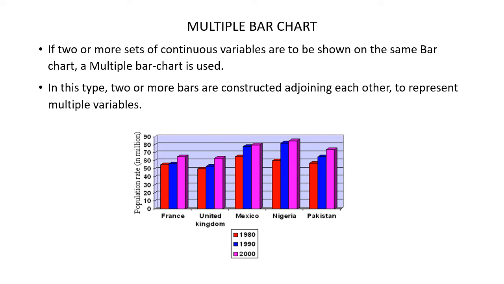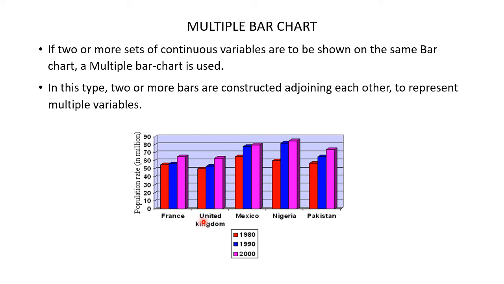Now let's understand how to interpret the data given in a multiple bar chart using this example. Now this multiple bar chart is regarding the population rate in millions in various countries during the year 1980, 1990 and 2000.